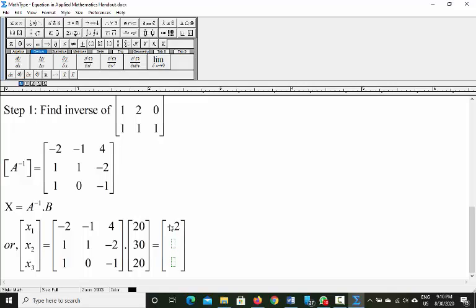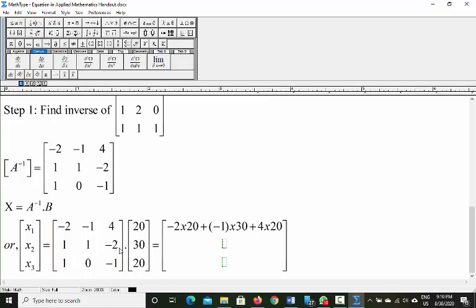So minus 2 multiplied by 20, plus minus 1 multiplied by 30, plus 4 multiplied by 20. Let me revise again: minus 2 multiplied by 20, minus 1 multiplied by 30, 4 multiplied by 20, correct.